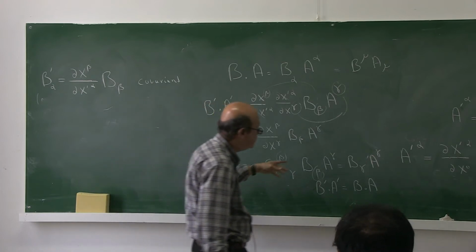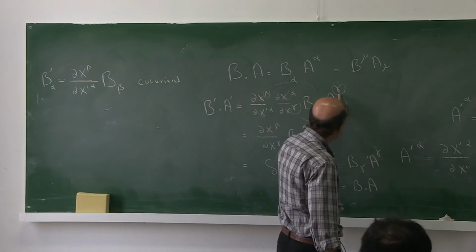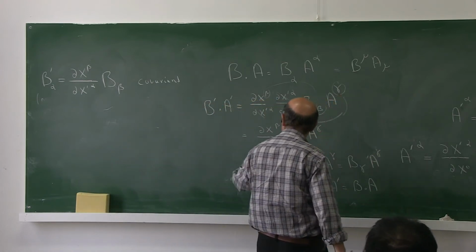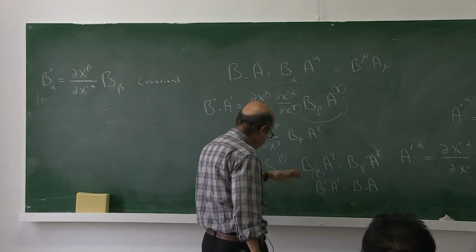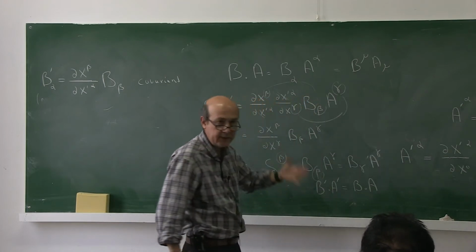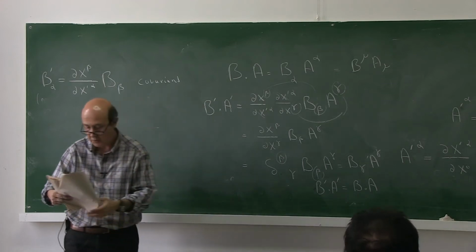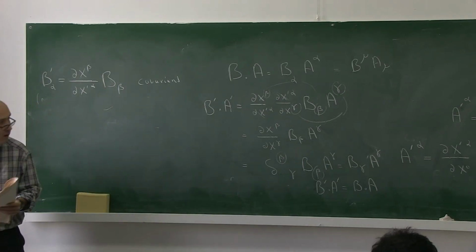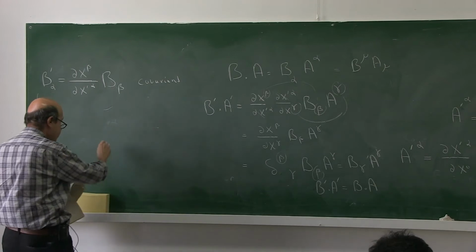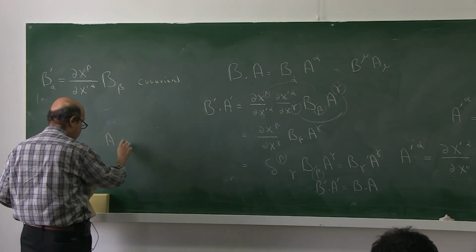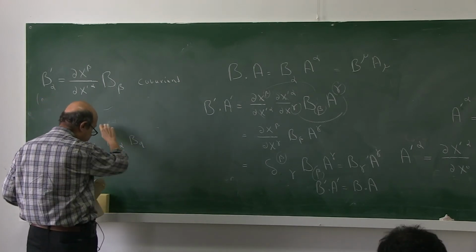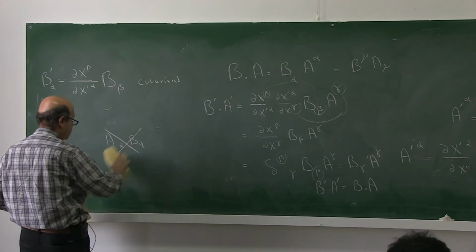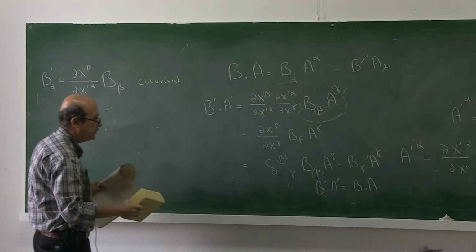Once we did a contravariant transformation and a covariant transformation, we find that the scalar product is the same in both coordinate systems. If you somehow have this kind of structure with the wrong index placement, that means something is wrong. Okay, look at the calculation again.